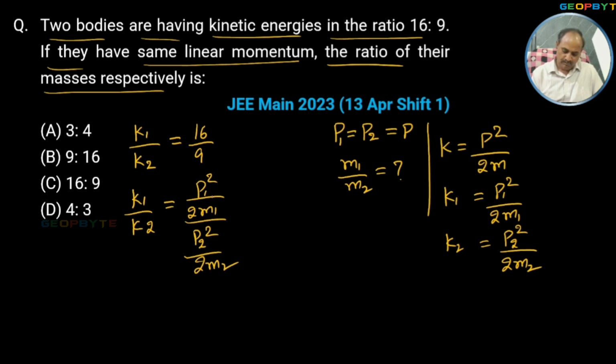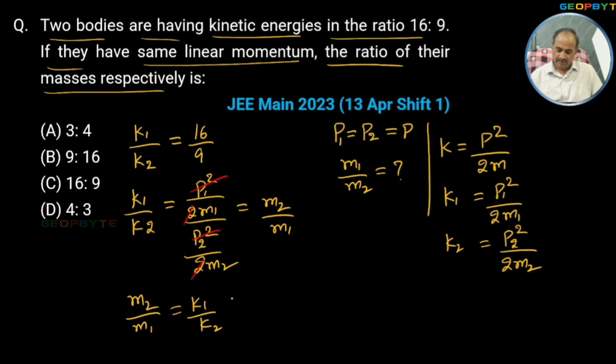But given P1 equal to P2, these cancel. Finally, it is equivalent to m2 by m1. So m2 by m1 equals K1 by K2. He is asking m1 by m2, right?